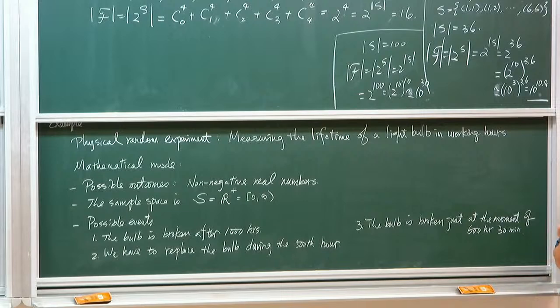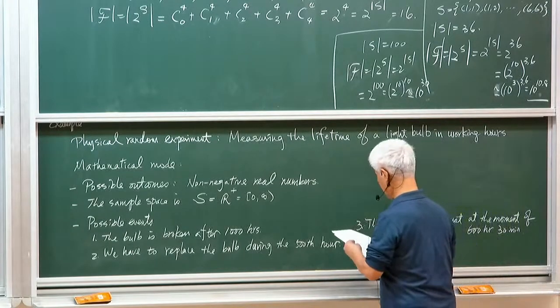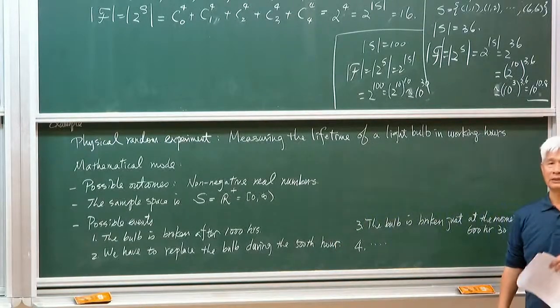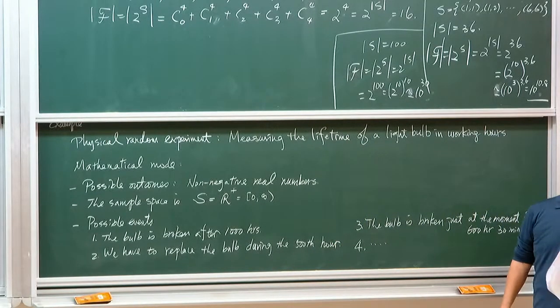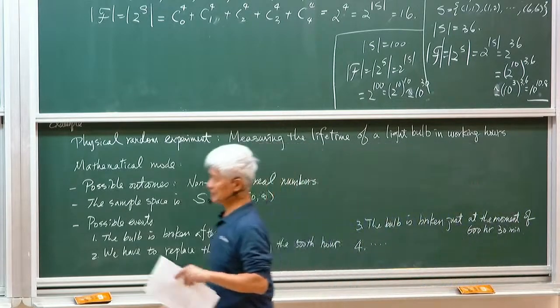Suppose the precision is at minutes. So you know that the bulb is broken just at this moment. And of course, you have many different verbal descriptions of an event to occur, so there are possible events you have.